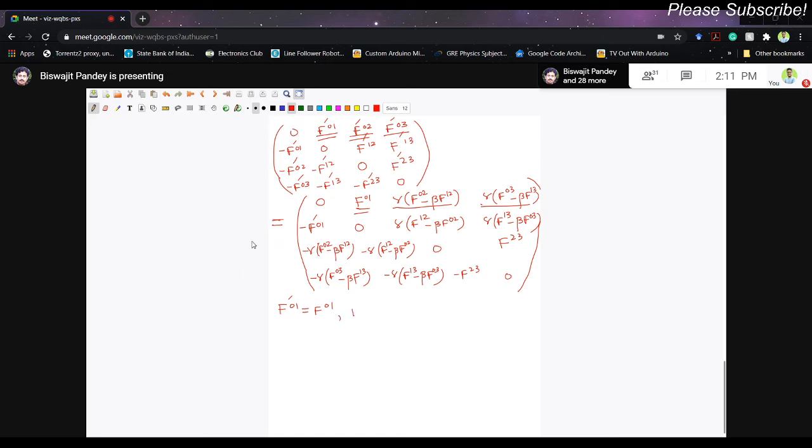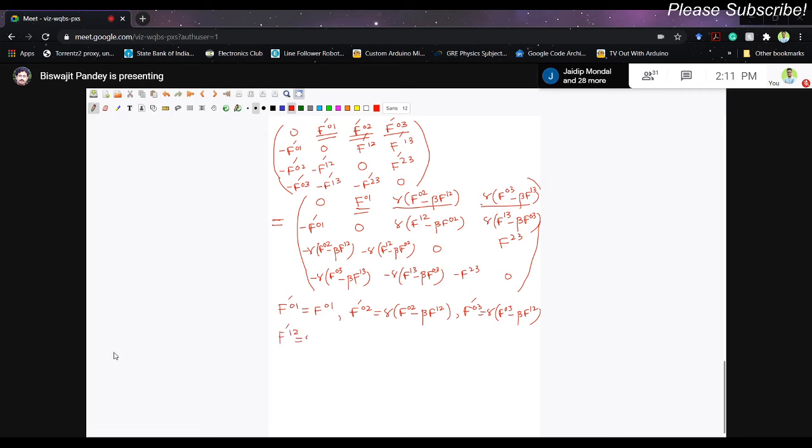I'm just comparing the terms, components. f02 prime equal to gamma times f02 minus beta f12, and f03 prime is equal to gamma times f03 minus beta f12, right? And similarly, we have 6 components of this antisymmetric tensor.